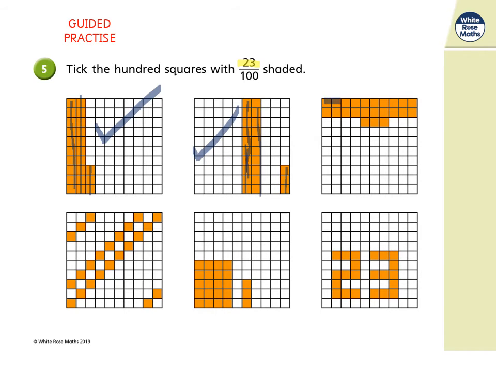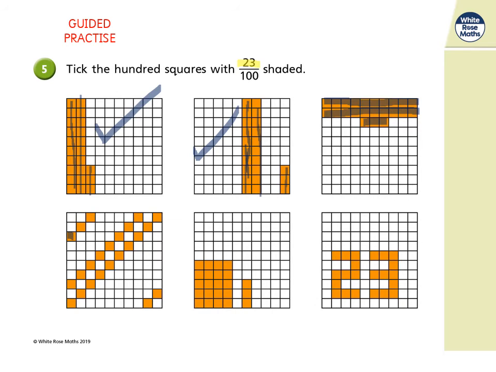Now again, looking at this one, I have 2 rows of 10, so 2/10, which again is also equal to 20 hundredths because I have 20 small squares shaded, and then I have my extra 3. So 20 add 3 equals 23 hundredths. Go to this one now.